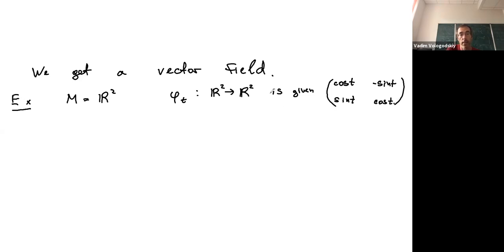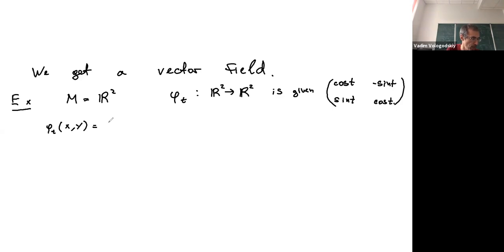So what is this map geometrically? This matrix represents the rotation through angle t, a counterclockwise rotation. Okay, and so let me write down where x comma y goes.